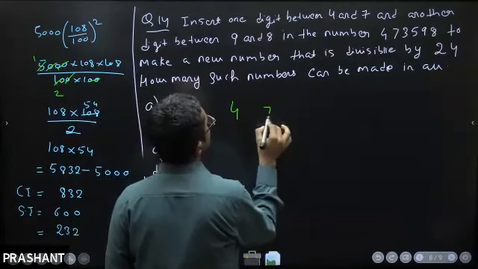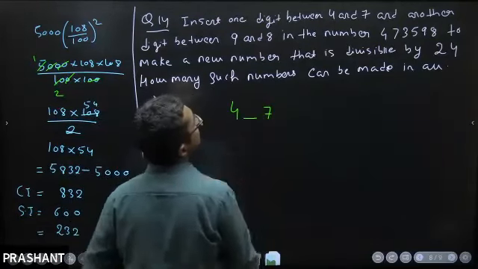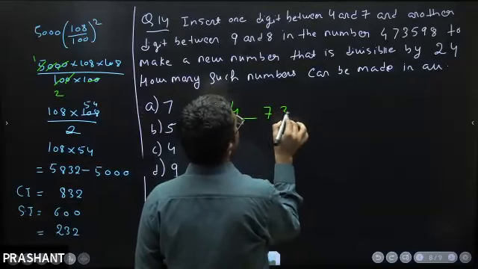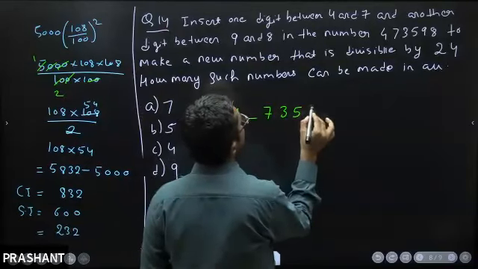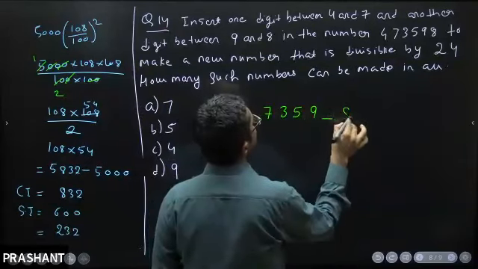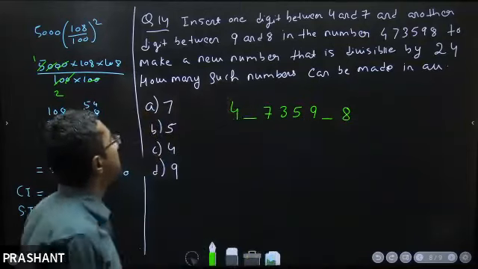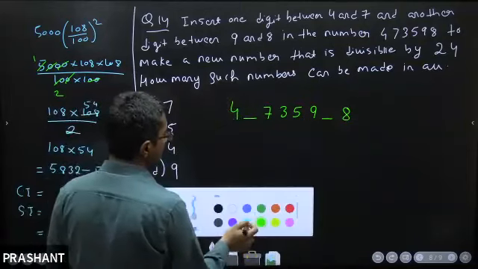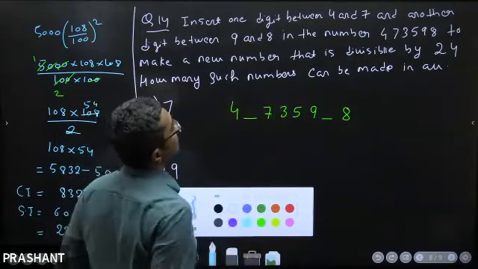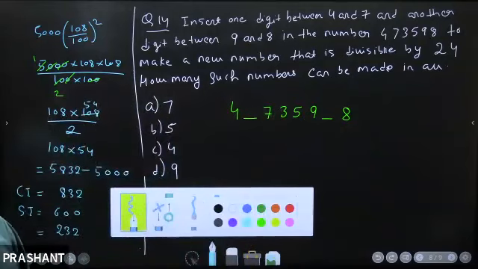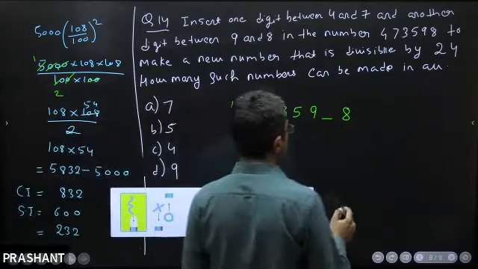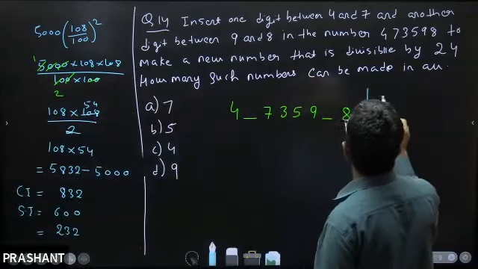4, 7, 3, 5, 9, 8. So basically we have to insert one number here and another number here, so that the result turns out to be divisible by 24. Now for that we should know what is the divisibility test for 24.